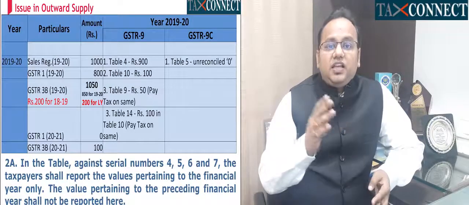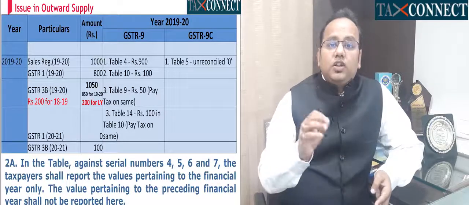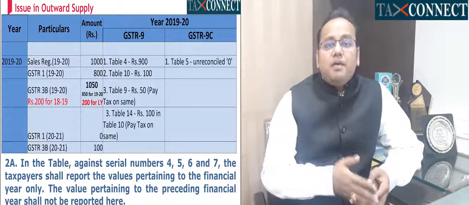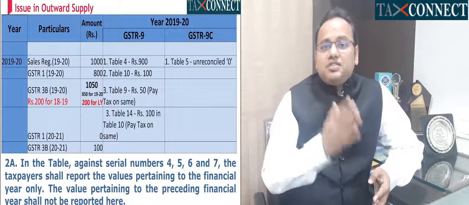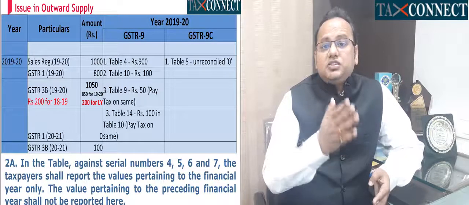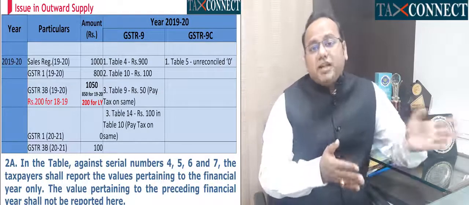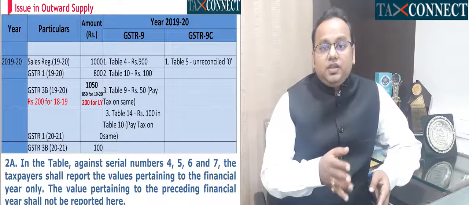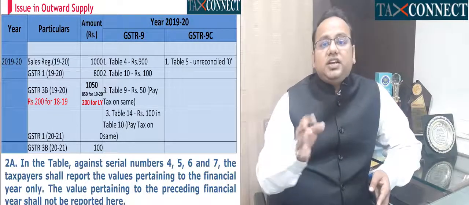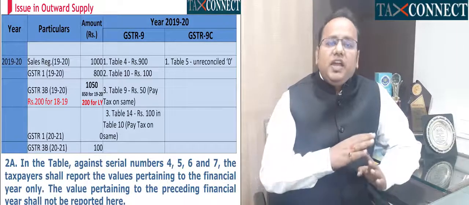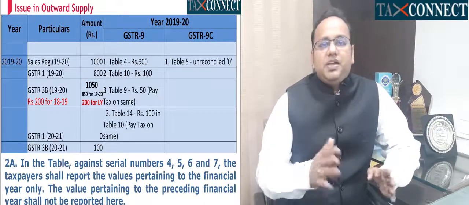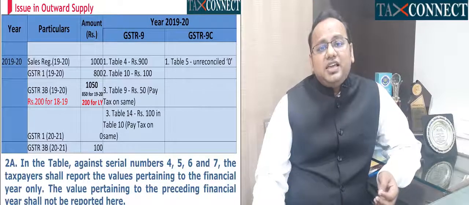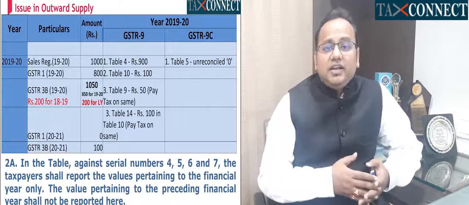That is, on your screen, what you see in red, that is any amount of outward supplies which is disclosed in 19-20 but which is related to 18-19 should not be disclosed in table number 4 and 5. It does not find any place in GSTR 9 and 9C of 19-20.